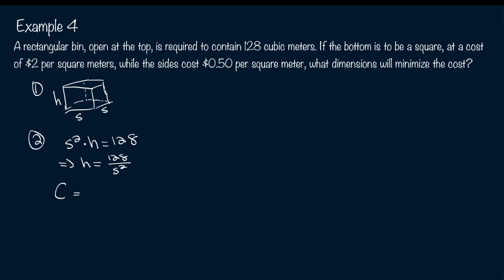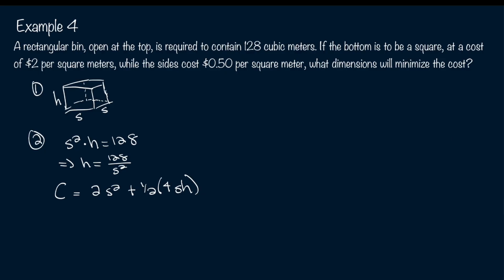So what do we know? We're going to say, 2, which is going to be the $2 per square meter, times s squared, plus we're going to take half of 4sh, and half is because of the 50 cents.